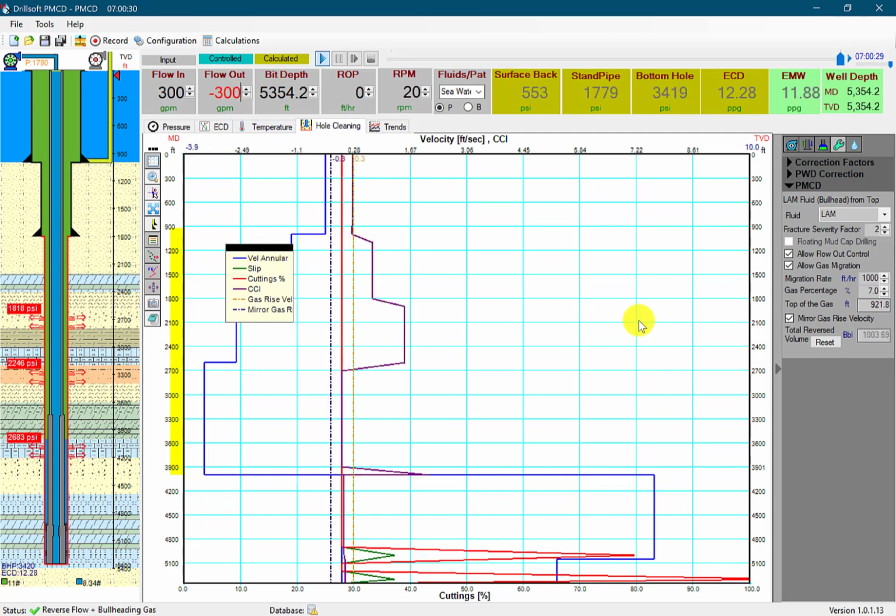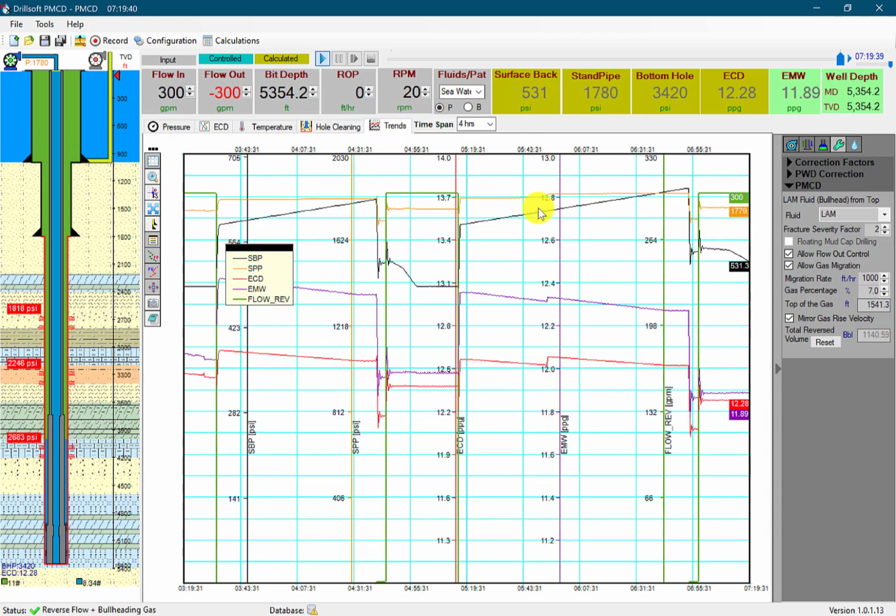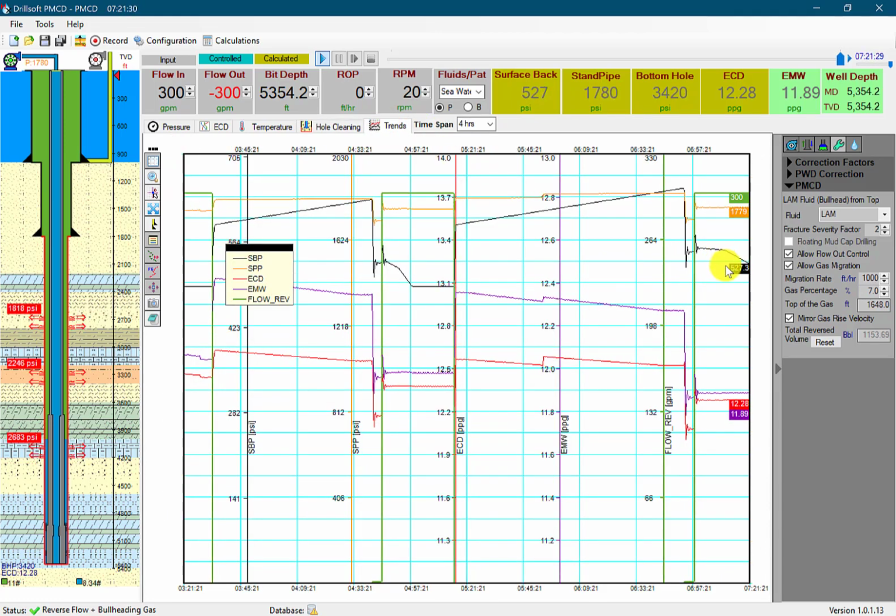So now we begin bullheading the gas back down into formation. You can see how rapidly gas is moving. The pressure is also dropping. You can see this in trend.